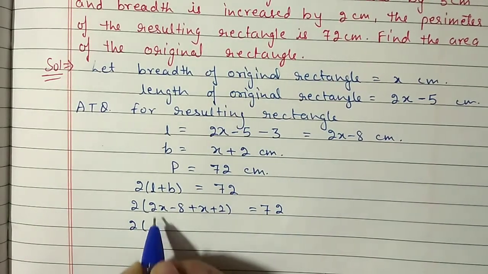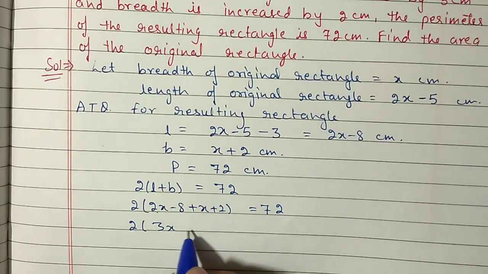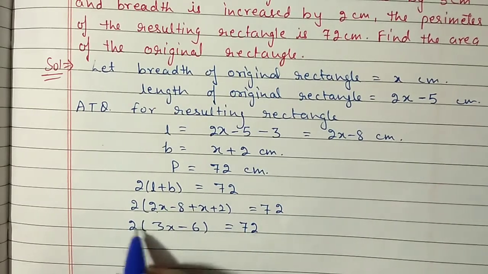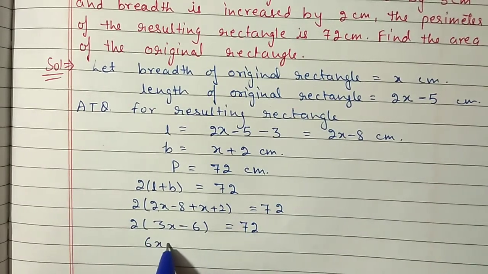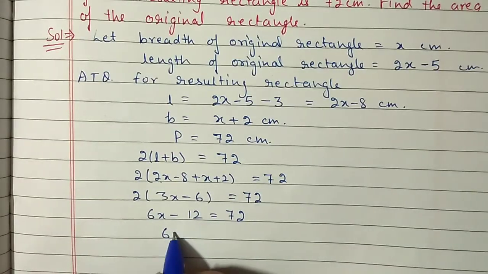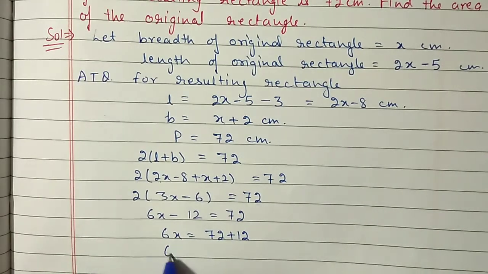We can simplify: 2x plus x is 3x, minus 8 plus 2 is minus 6, equal to 72. We can remove this bracket: 6x minus 12 is 72. So 6x is equal to 72 plus 12, 84.